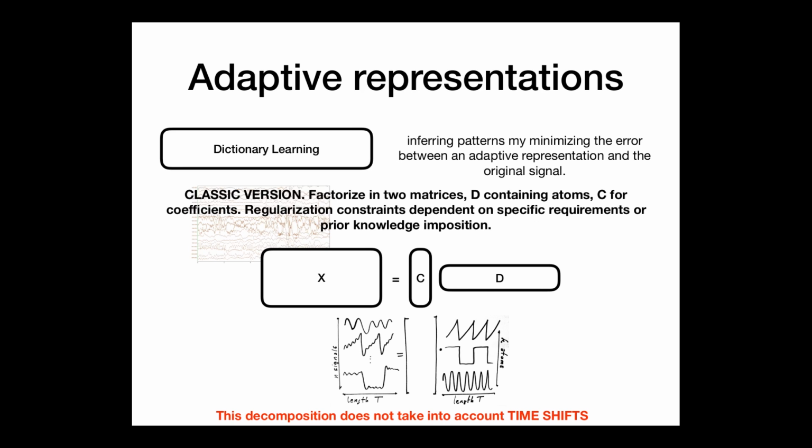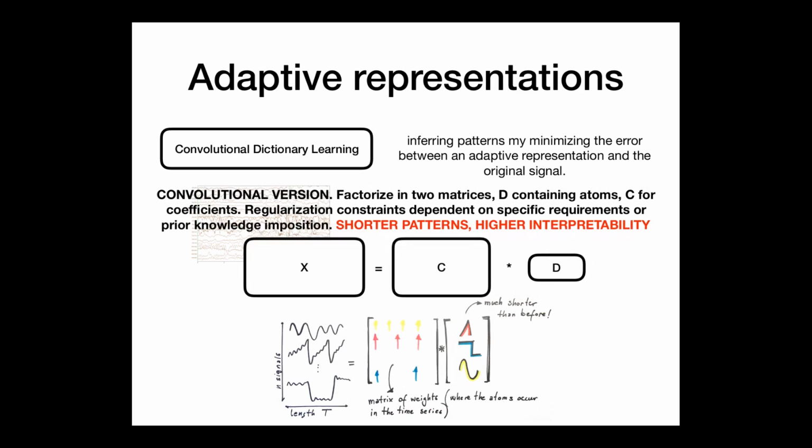But as you can imagine, this is not convenient for time series. So there are more recent approaches, for example convolutional dictionary learning, where instead of having the product of the two matrices, C and D, the coefficients and the dictionary, you have the convolution.